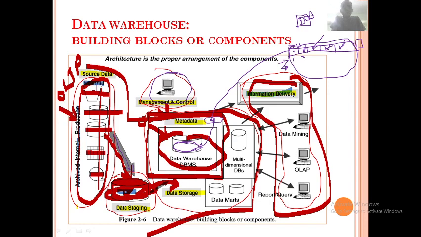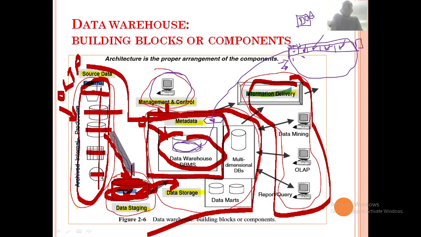This component of the data warehouse architecture sits on top of the other components. The management and control component coordinates the services and the activities within the data warehouse.